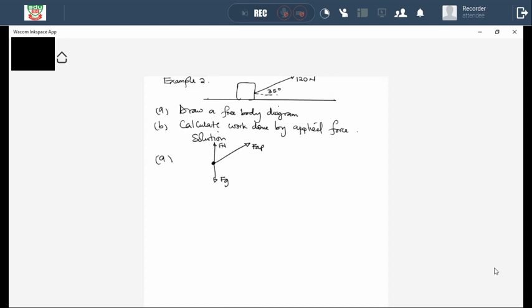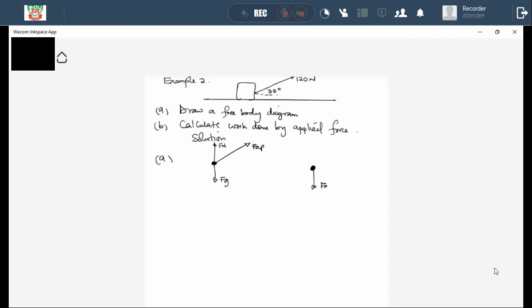But allow me to expand this a bit. We can also have another free body diagram. In exam, we advise all our learners to draw the first free body diagram where you represent force applied as a vector, as a force, not components. But allow me to draw another free body diagram where I resolve the force applied into components, because it is at an angle.